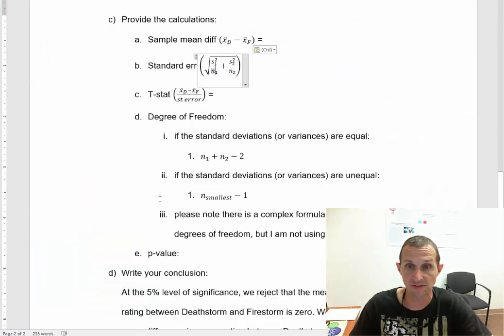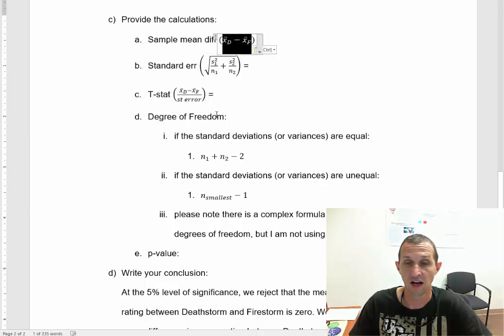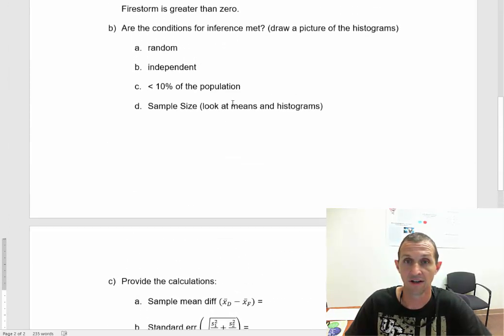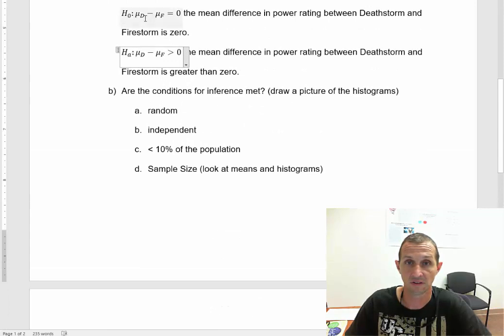And now for my t-score, the numerator is this right here, and the denominator is the standard error. Now, I've actually simplified this a little bit, okay? If we look, this should actually be this, right?